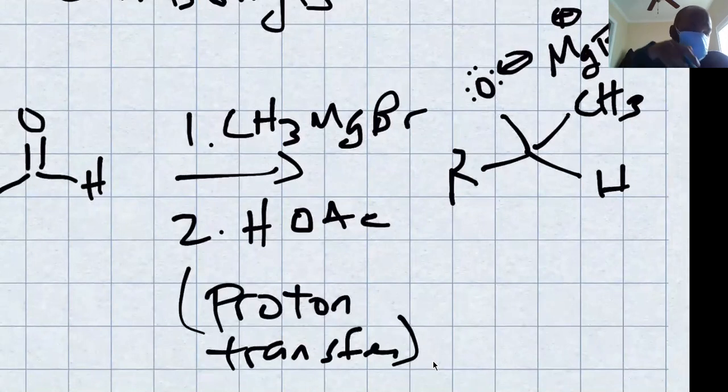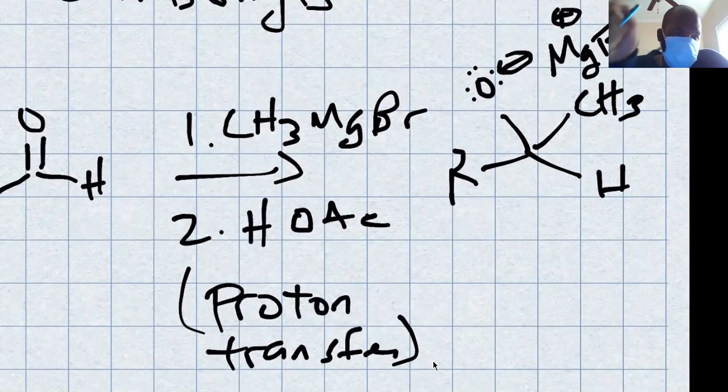The way this works is you take your aldehyde, you run it in whatever solvent you're using, ether at minus 78, and then you syringe in your Grignard, or you transfer in your Grignard, usually through a cannula. And then after you add in your Grignard, you stir that, and you get this alkoxide intermediate.